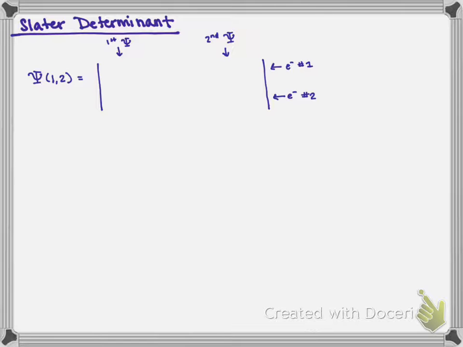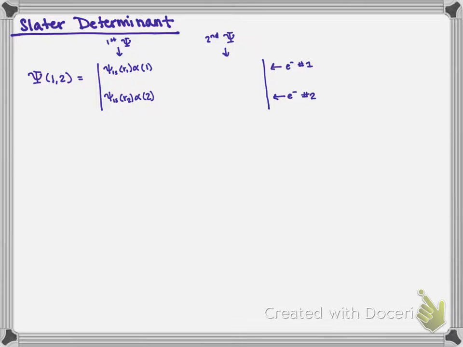One possibility for an electron in a helium atom would be psi 1s of R1, because R1 is the position of electron 1. We're saying that electron 1 is in a 1,0,0, or 1s, hydrogen-like wave function spatially, and we'll say it's spin up, so it's multiplied by this alpha function. Instead of putting electron number 1 there, we could just as easily put electron number 2.